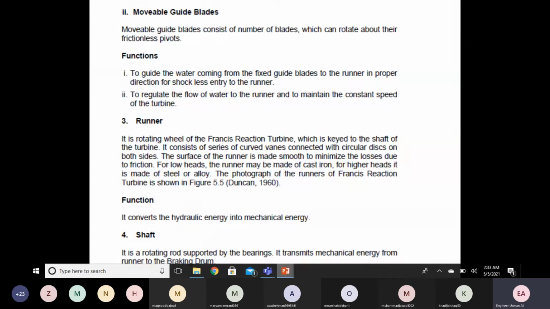So if we need more electricity, it is called the case of load acceptance, and if we need less electricity generated, it is called load rejection. So load on the turbine varies, and when the load on the turbine varies, as I explained, the speed of the turbine also tends to be varied.